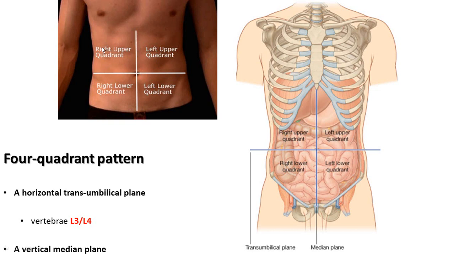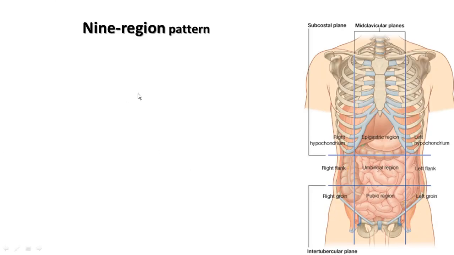And thus, we have four quadrants, such as the right upper quadrant and left upper quadrant. For example, we have the liver in the right upper quadrant, and we have the stomach in the left upper quadrant.